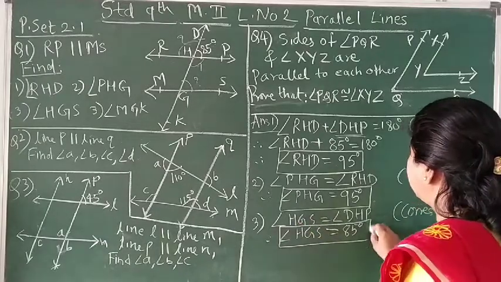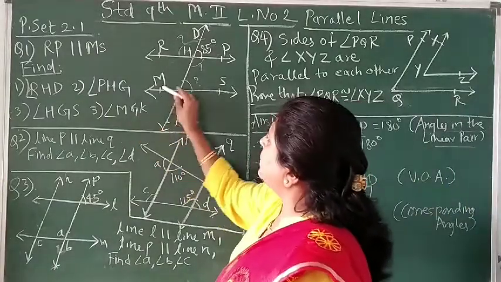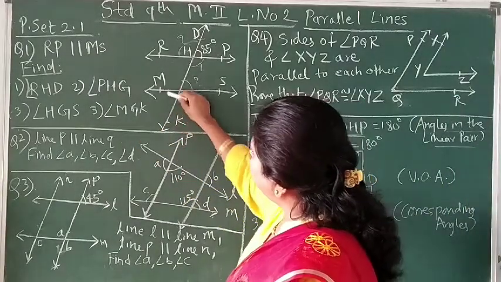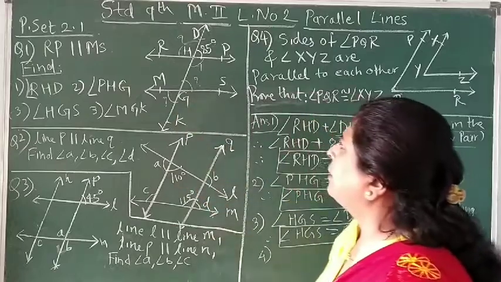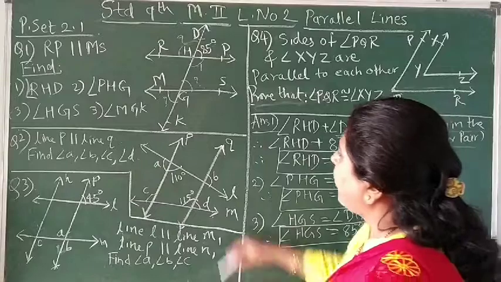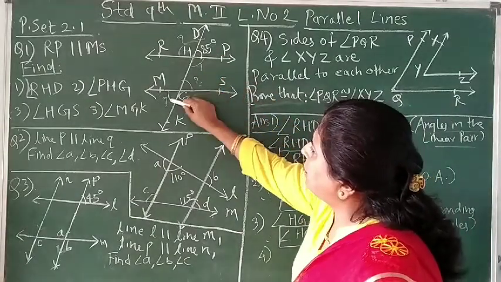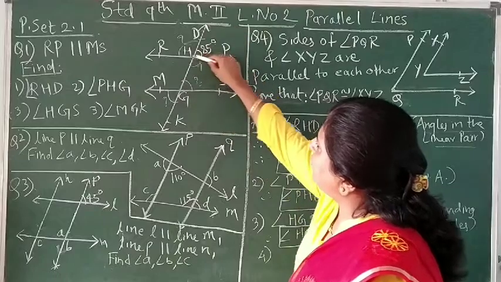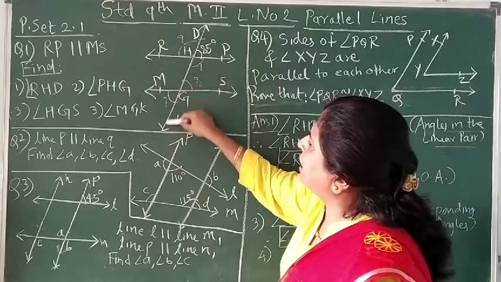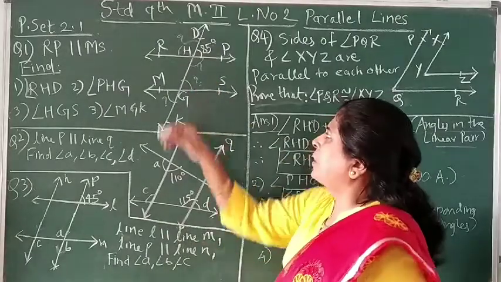This is sub question 3, and the last one is MGK. This is M, G and K. Now we want this angle. MGK has a relationship with which angle? You can see GS, which we just found, is vertically opposite to it. Or you can take DHP and MGK, they are alternate exterior angles. Either way you can see these two are equal.